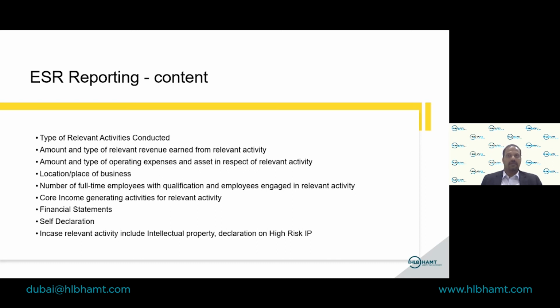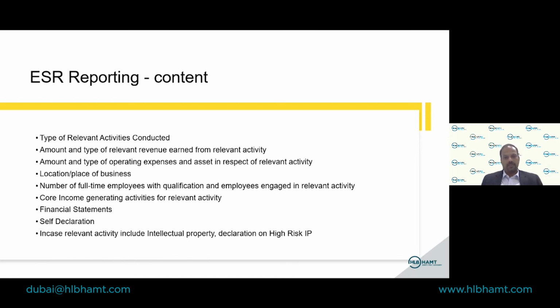And the self-declaration. What the self-declaration is has not been announced. The format is not announced. And if the relevant activity includes intellectual property, a separate declaration on high risk IP.